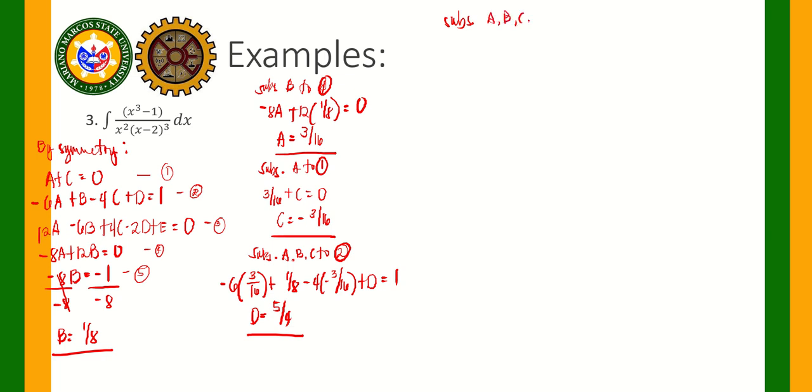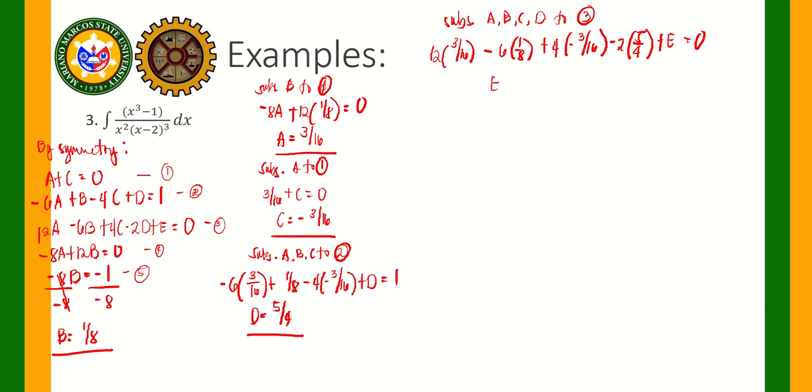So this will be equal to 12 times a, which is 3 over 16, minus 6 times 1 over 8, and then plus 4 times negative 3 over 16 minus 2 times 5 over 4 plus e is equal to 0. And in solving that, you will get a value of e equal to 7 over 4. So we now have values to plug in to our integrand.